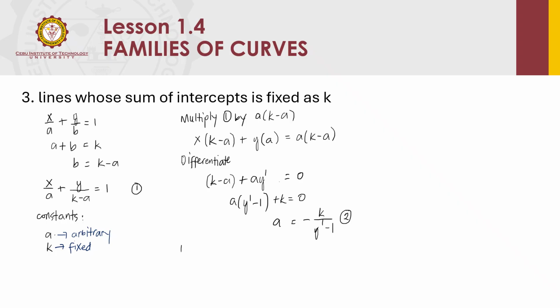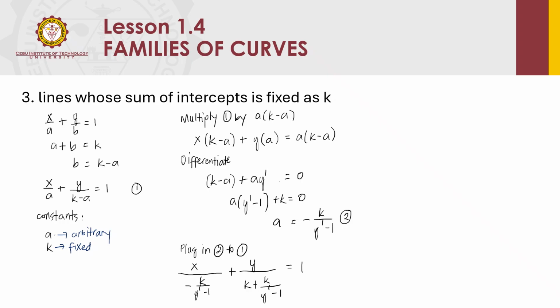So plugging in equation 2 to equation 1, we get x over negative k over y prime minus 1, plus y over k minus a, but it's minus negative, so that's k plus k over y prime minus 1. And then the right side is equal to 1.